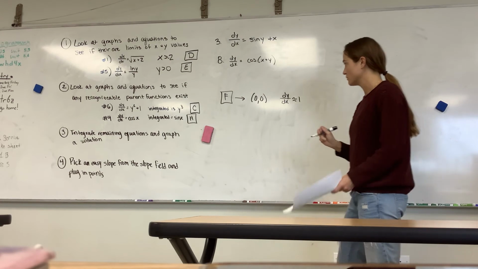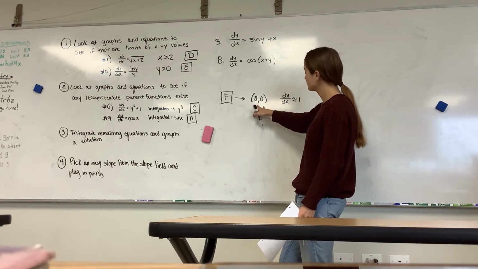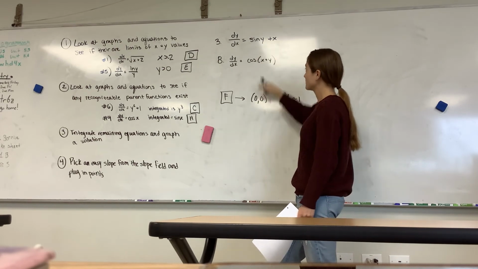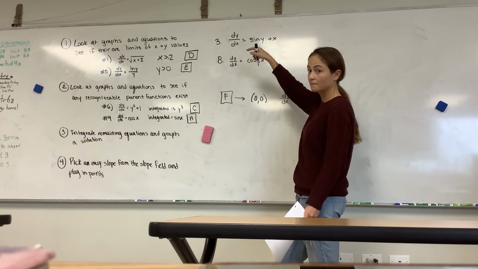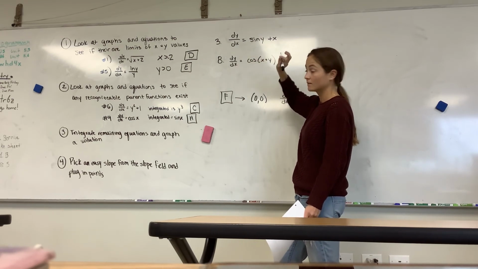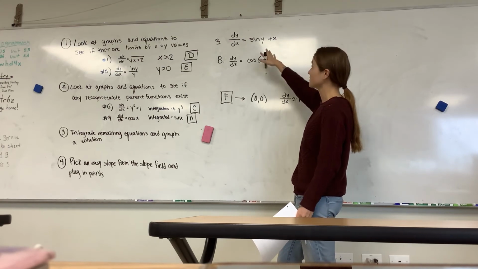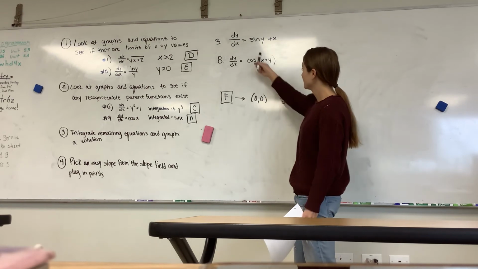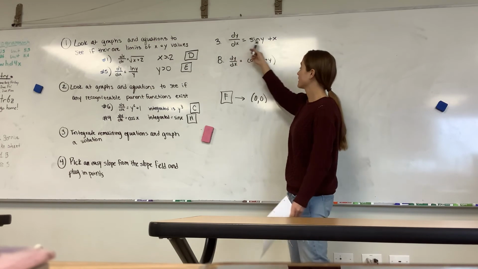Now what I'm going to do is say, okay, if I plug in 0 for y, I get sine of 0. Sine of 0 is not 1, it is 0, the exact opposite. So I essentially get 0 plus 0, so dy/dx would equal 0.